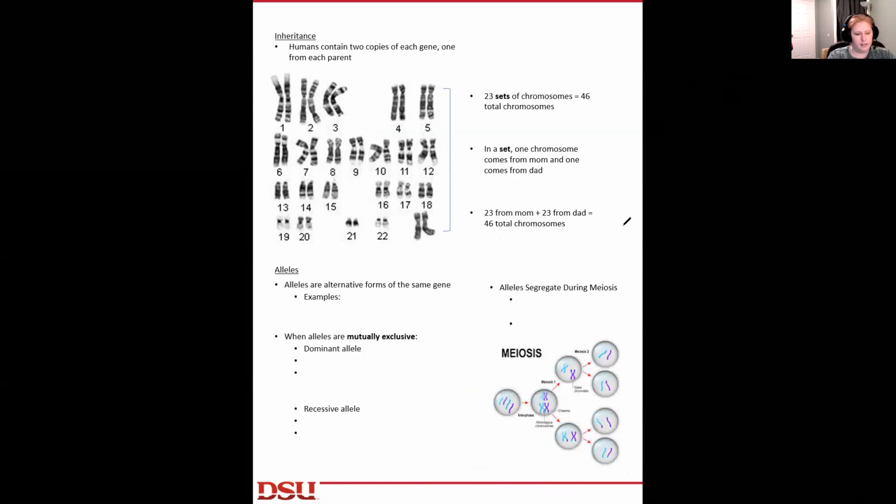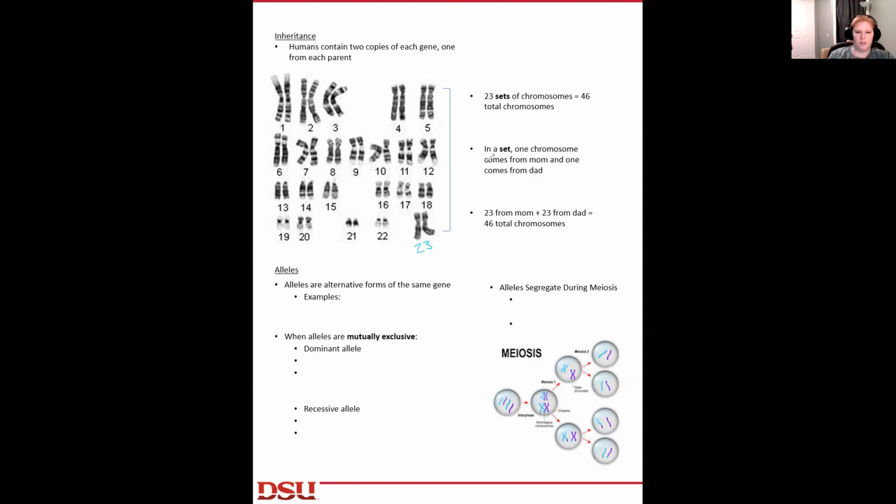So inheritance. I've shown you an image of a karyotype before, so I just want to go over that again. You've got 23 sets of chromosomes to equal 46 total chromosomes, right? So you can see the 23 sets there. The 23rd set is the XY or XX chromosome, the sex chromosomes.